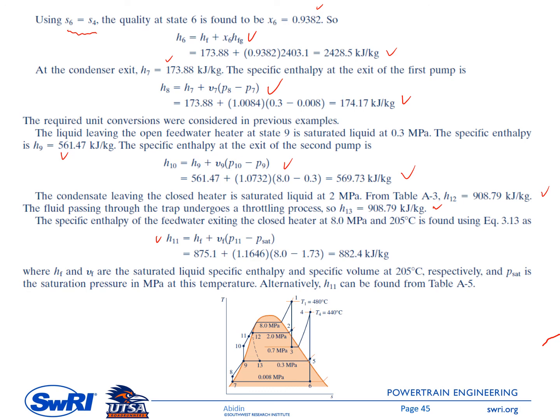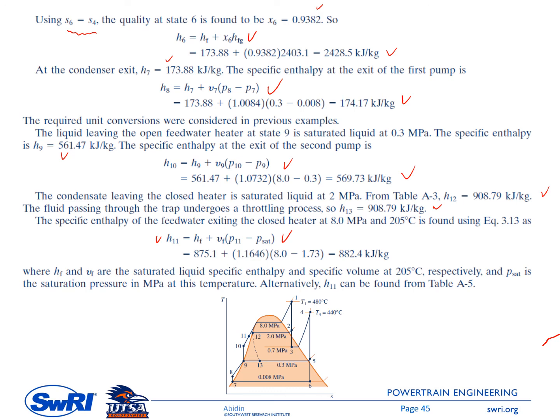And state number 11 here is on the left side of the dome, so it means it is inside the compressed liquid zone. Either you can use table A5, or you can use this formula to estimate enthalpy at point 11.